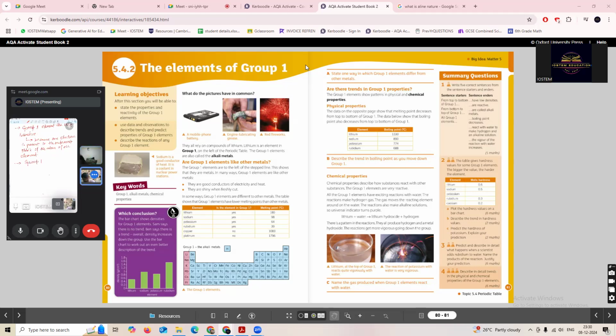So group 1 elements have exciting reactions. Can you just say they react vigorously with water? Yeah, it is better to write like this.